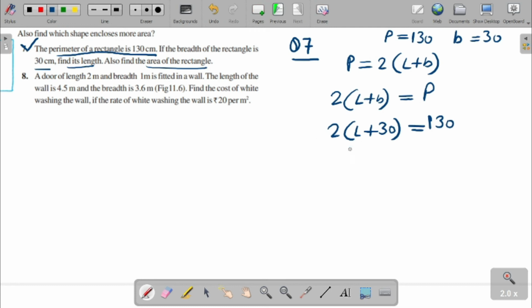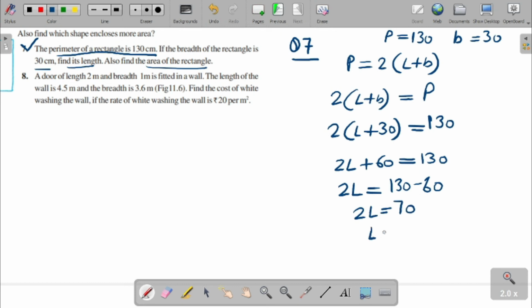Now we multiply 2 by L, it will come as 2L. We multiply 2 by 30, it will become 60, so 2L plus 60 equals 130. Next step, this 60 will go to the other side, that is 130 minus 60, which is 70, or L equals 70 upon 2. L equals 35.